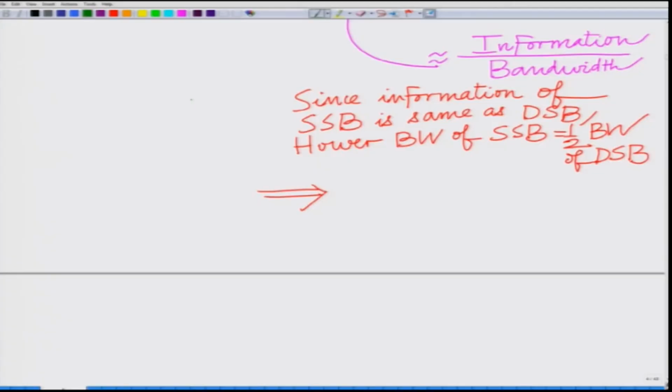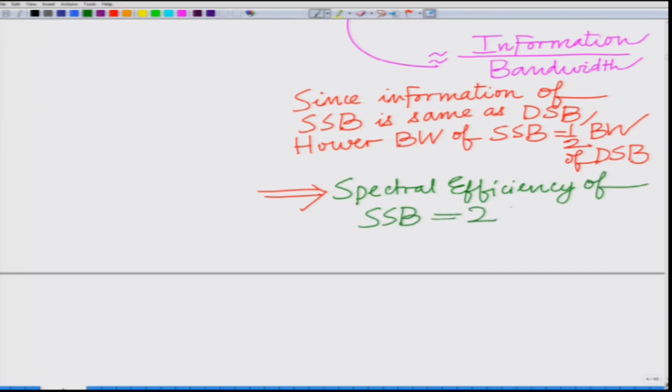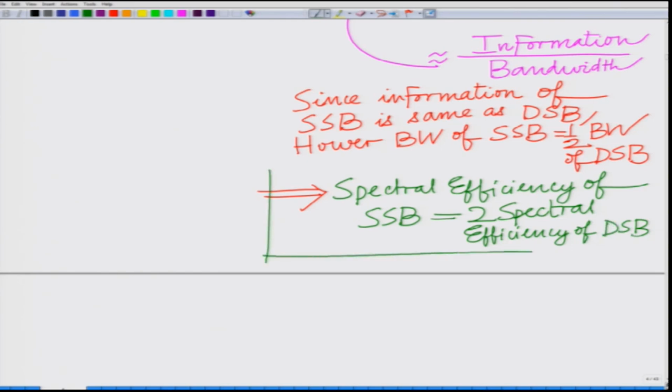Therefore, the spectral efficiency of SSB equals twice the spectral efficiency of DSB, that is the double sideband modulated signal, and this is an important result.